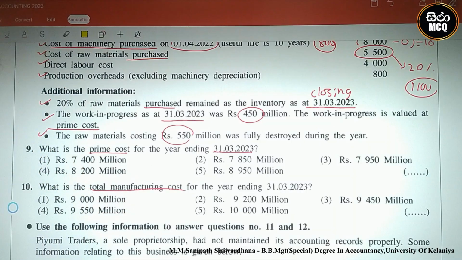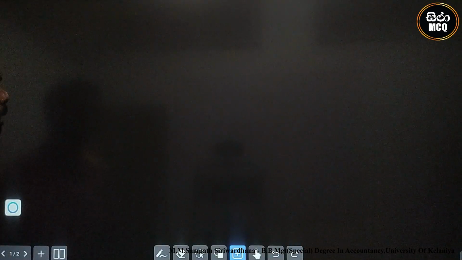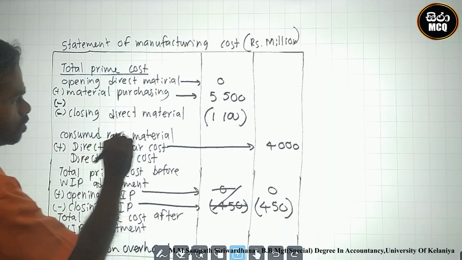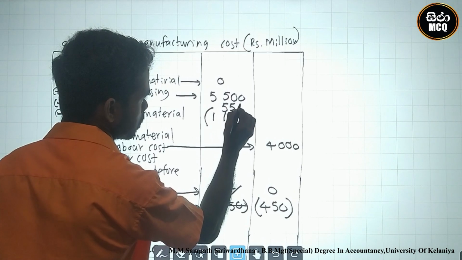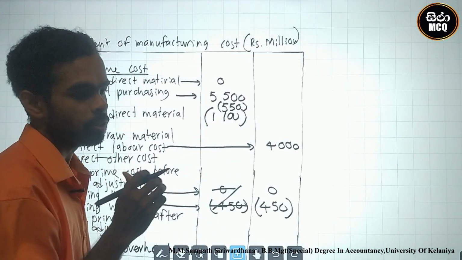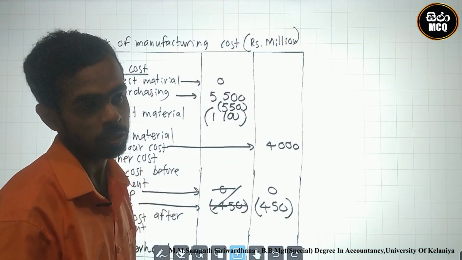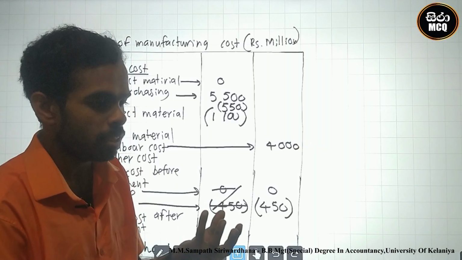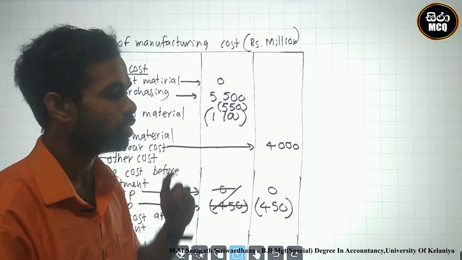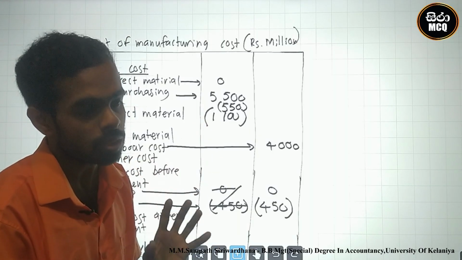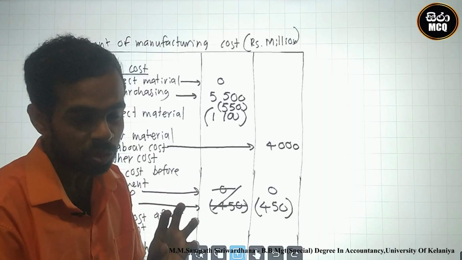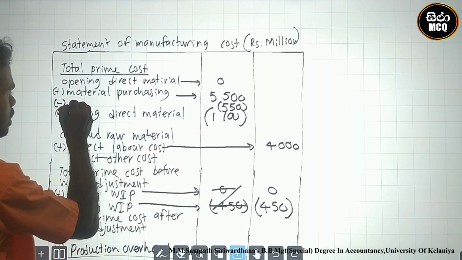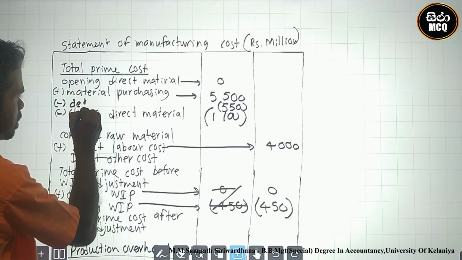Therefore we can eliminate this 550 from the purchases. It is not related to production cost, because the production cost means the yogurt, and the yogurt does not include this 550. We can eliminate this destroyed material.